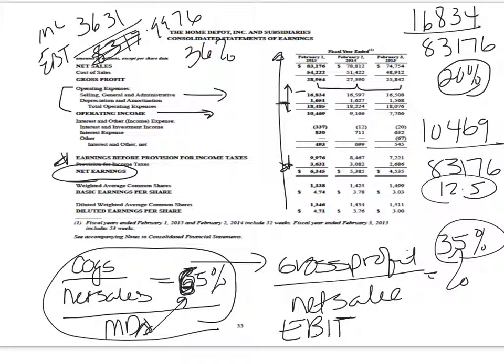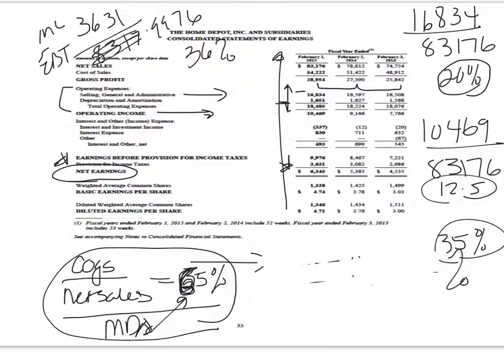So if we were going to take a look at that here, let me erase this a little bit and then I'll write it out again. Okay, so if I wanted my net profit margin, I would take earnings, 6,345, divided by 83,176.